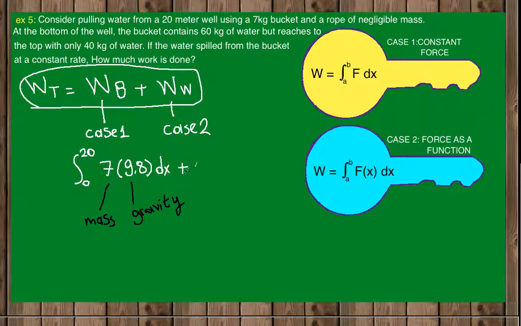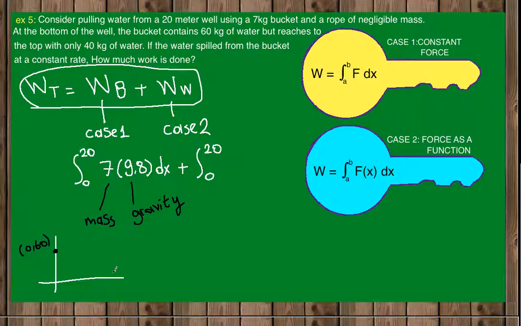Plus, now we have to calculate the work water. Again, integration from 0 to 20, we need to find the linear function. At the beginning, our water is 60 kilograms, so this point is 0, 60.